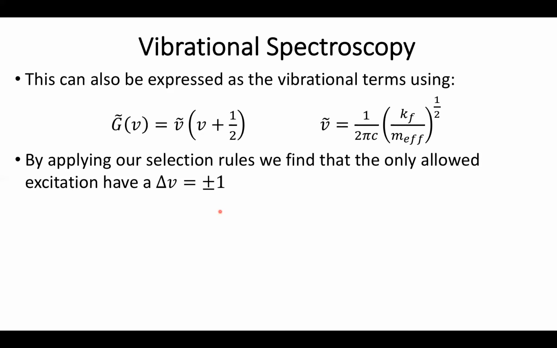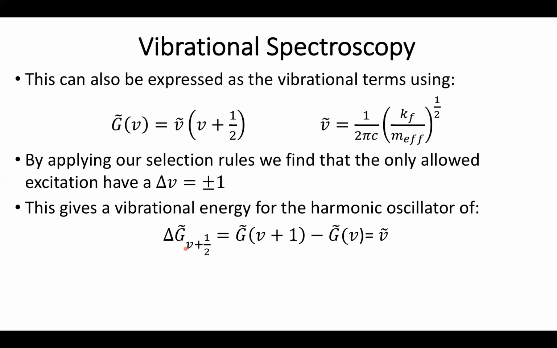But for our purposes, what we're able to then do is derive a vibrational energy change or peak location in wave numbers simply by using the difference between our ground state of vibrational quantum state V and the excited or final state of V plus 1.